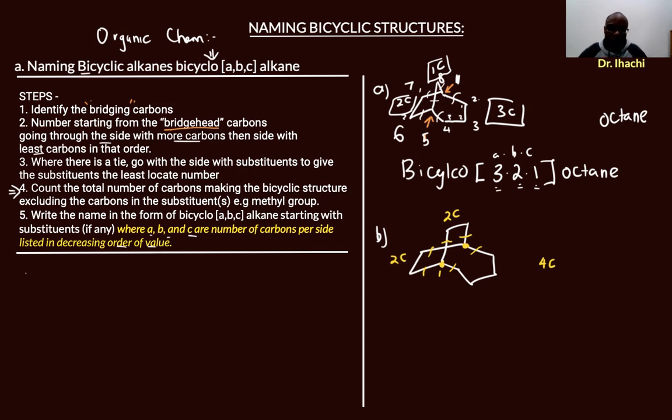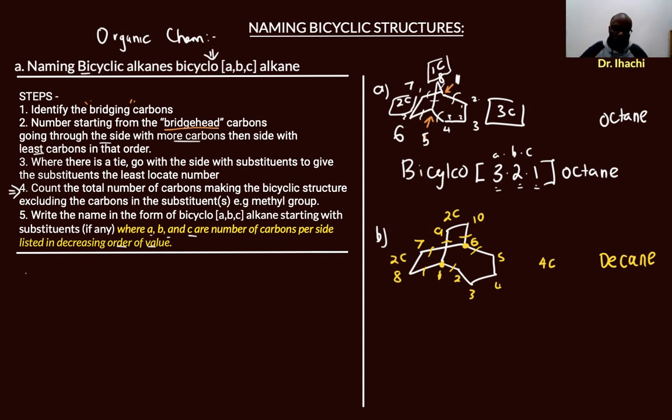So I would prioritize the side with more carbons, so I can start from here 1, 2, 3, 4, 5, 6, and then I see I have 2 C. I could go up on the other side, but let me just maintain the bottom part: 7, 8, then 9 and 10. So overall this has 10 total carbons, so I'll call that a decane.